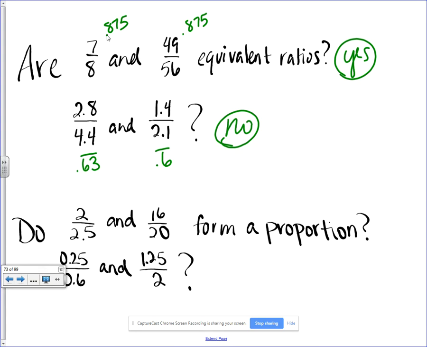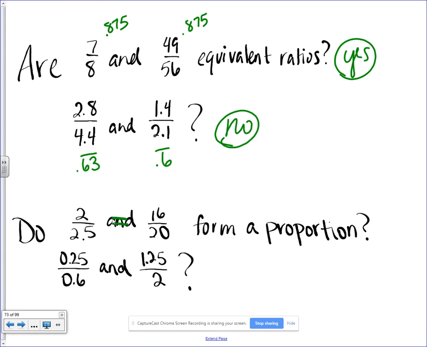Okay. And again, you can do this the same way. You can take 2 divided by 2.5, and this gives me 0.8. You take 16 over 20, this gives me 0.8. So you would say yes, these two things are equivalent.